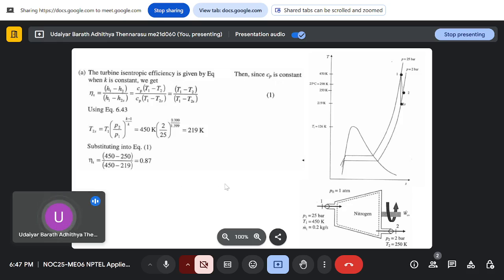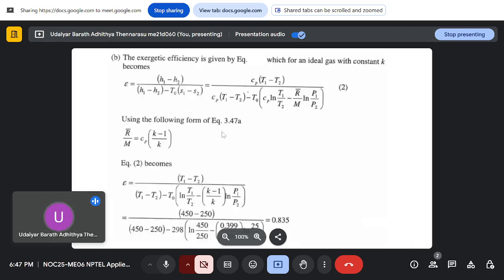Now I have to find out the exergy efficiency of the turbine. To find the exergy efficiency, I will write my actual work divided by my reversible work. My actual work is H1 minus H2, and reversible work is my exergy change across the turbine: H1 minus H2 minus T0 (S1 minus S2).